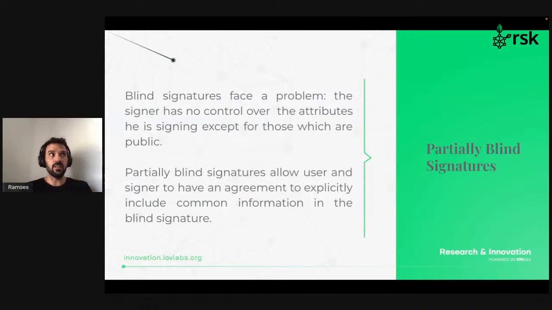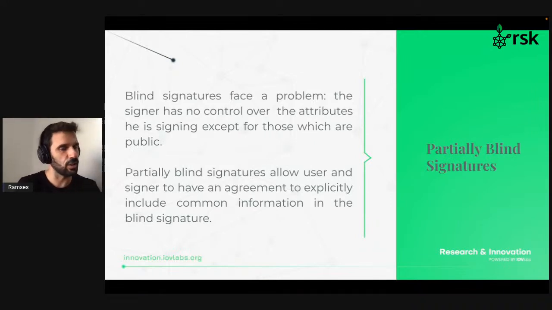So, as you can imagine, blind signatures face a big problem. Signers are not used to signing something without any control. Anyone who has to sign something likes to know what he's signing. And this is the main problem with blind signatures.